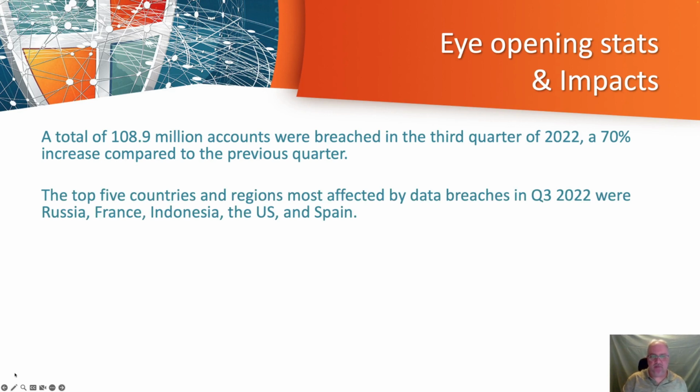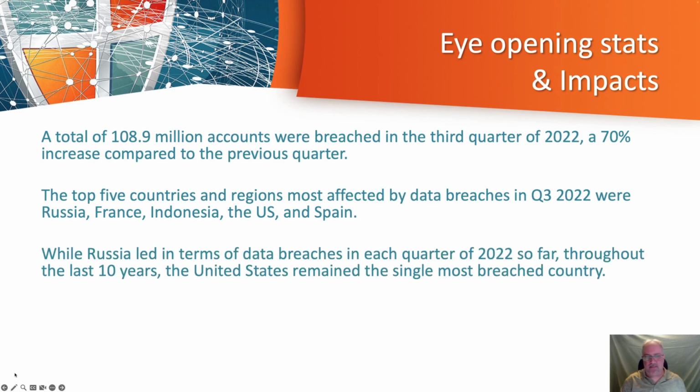The top 5 countries and regions most affected by data breaches in Q3 of 2022 were Russia, France, Indonesia, US, and Spain. Now, the US has always been at the top, right? Currently, Russia leads in terms of data breaches in each quarter of 2022. Throughout the last 10 years, the United States remained the single most breached country, and I think we all recognize that.